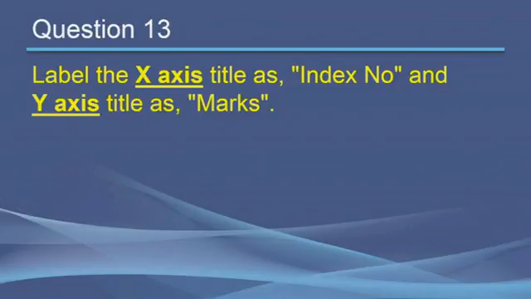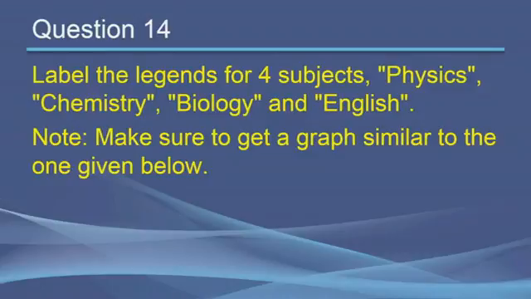So as I said earlier, it's already been done. And the 14th question, which happens to be the last question, label legends for 4 subjects: physics, chemistry, biology and English. Note, make sure to get a graph similar to the one given below.